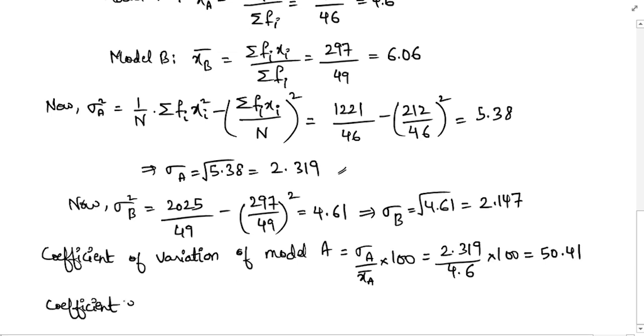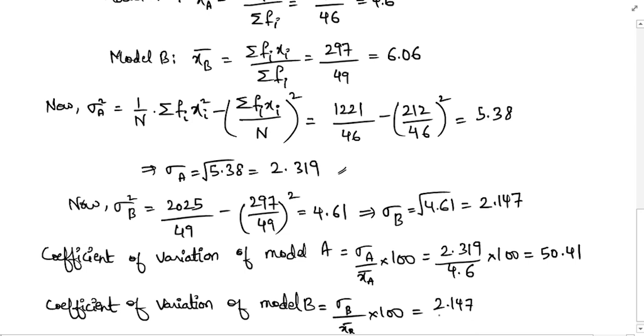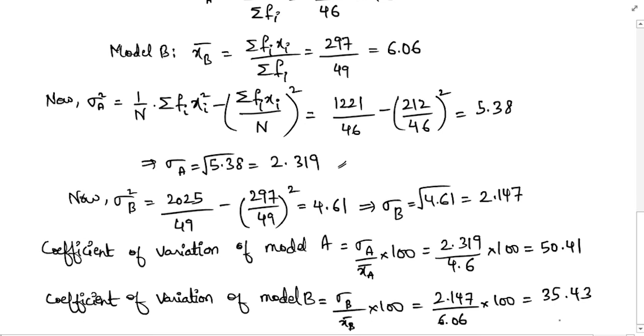Coefficient of variation of model B is equal to sigma b divided by xb bar into 100, that is equal to 2.147 divided by 6.06 into 100, that is equal to 35.43.